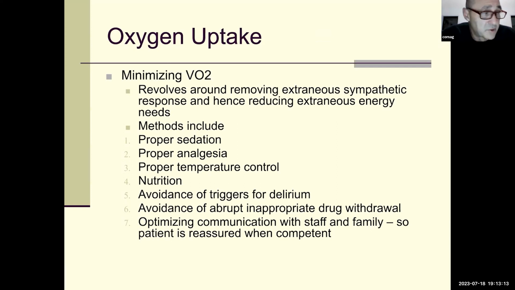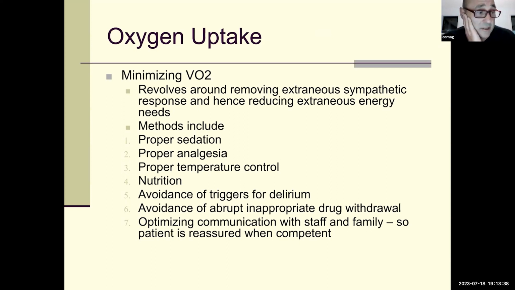Nutrition is vital for two reasons. One is we need substrate for the heart and lungs to work, but secondly, we also need to protect the gut from getting stress ulcers. Delirium is important, and this for you when you become junior doctors is critical. One episode of delirium lasting 5 days or more in hospital has a 60% 1-year mortality.